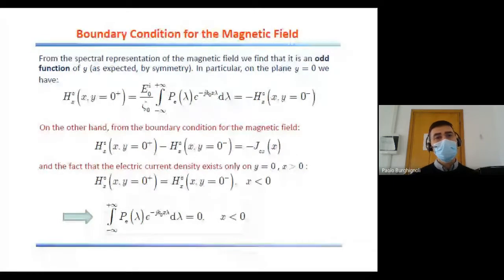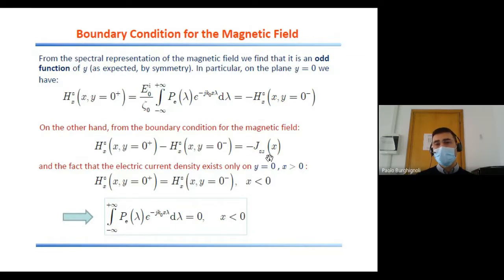Now, the magnetic field, as we know, is odd in y by symmetry, and in particular, if you go to y equal 0, since it is odd, you will find that the scattered field on the plane has a jump related to the surface current density, which flows only where the perfect conductor exists, so only when x is positive or equal to 0.